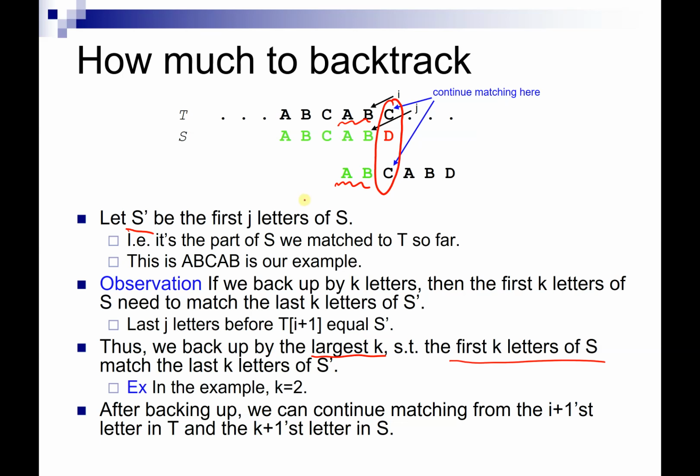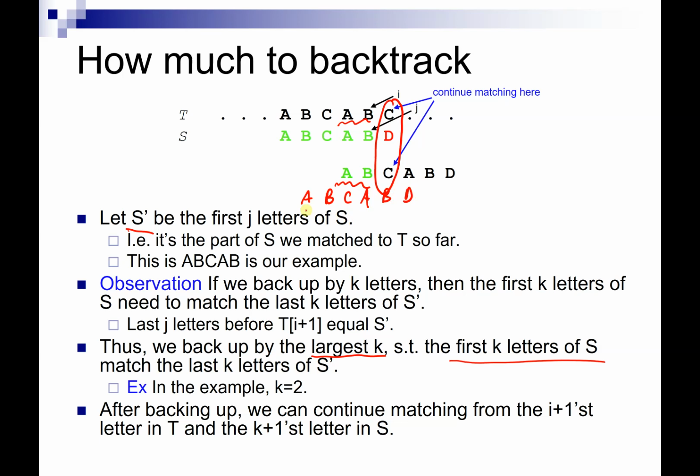And this tells you why you want to back up S as much as possible. For example, let's say that we actually could back up S by 4 letters. Now we can't. What is this? A B C A B D. In this example, we're not allowed to back up S by 4 letters. But suppose that we were able to.